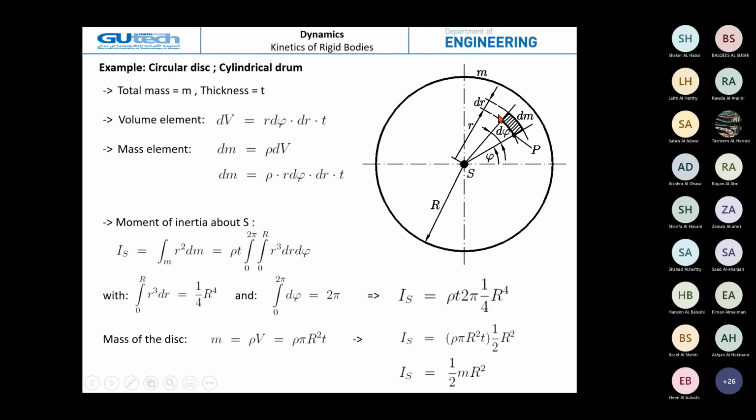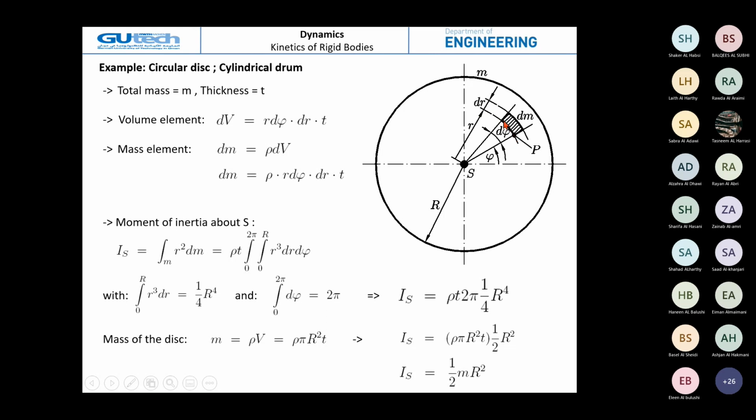Then the volume is only the surface multiplied by the thickness. The surface, this part here, is only r multiplied by this part here, ds.